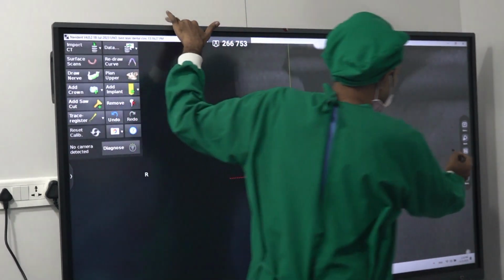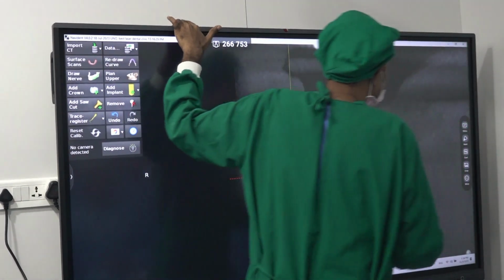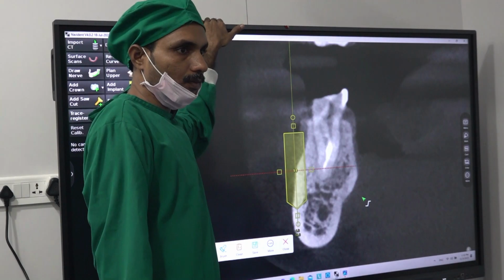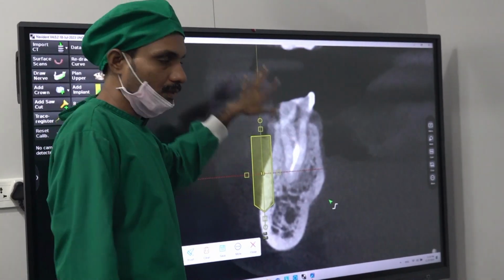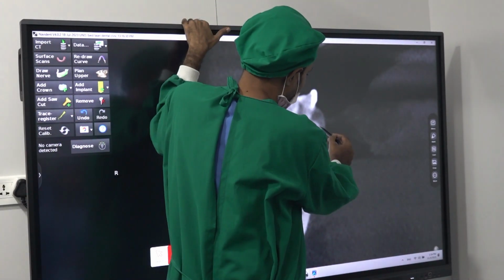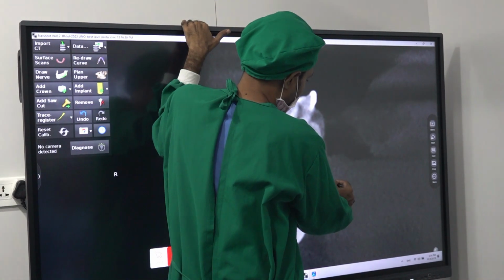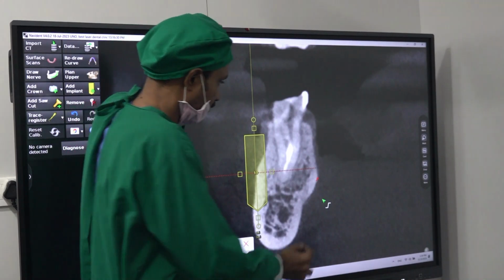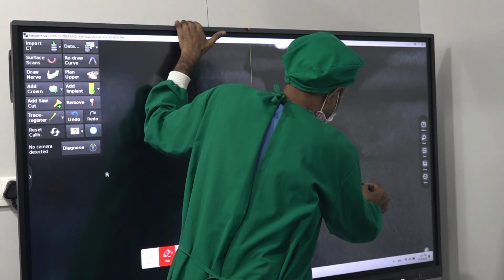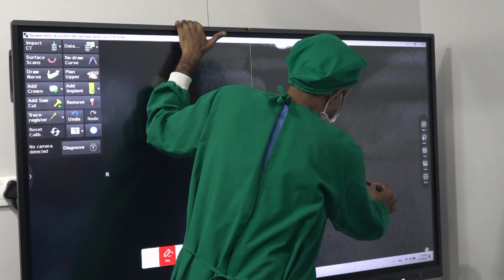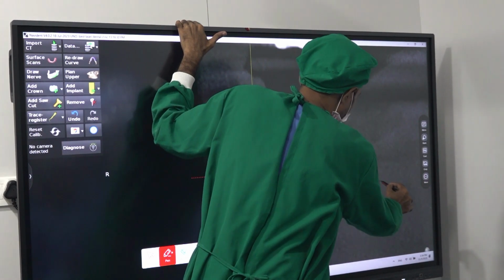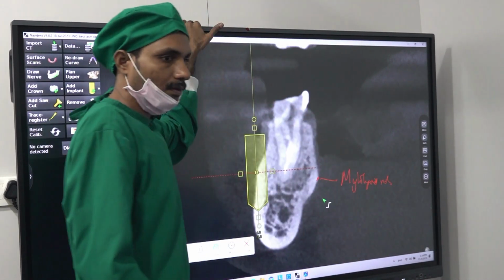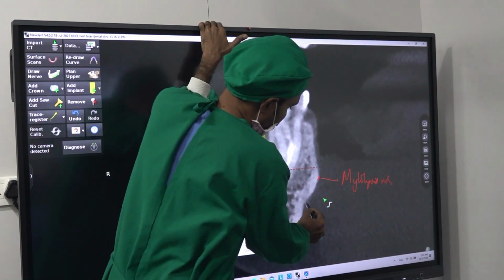Okay. So this is a very important tooth. See the outline. Here the main anatomy is on the lingual side. This is a molar. What is the name of this? Yeah, mylohyoid ridge.